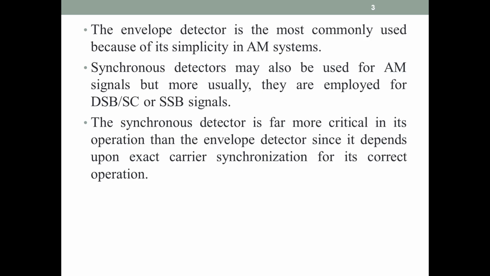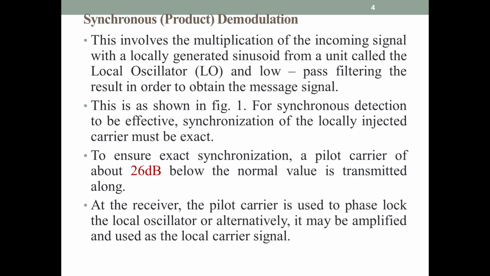Synchronous detectors may also be used for AM signals, but more usually they are employed for double sideband suppressed carrier or single sideband signals. The synchronous detector is far more critical in its operation than the envelope detector, since it depends upon exact carrier synchronization for its correct operation.